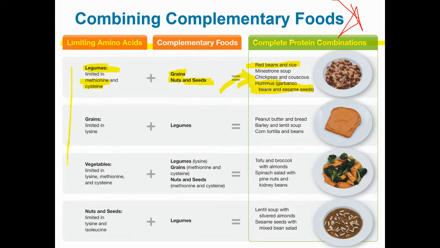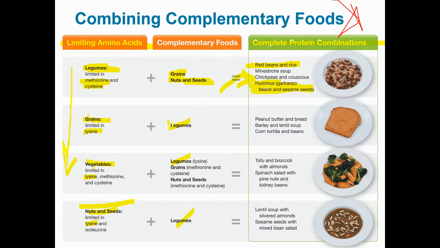And then you can go on down and see, like I said, grains are limited in lysine, nuts and seeds, and vegetables. They're all limited in lysine, right? It's an important one for your immune system. So you'll see that with grains, vegetables, nuts and seeds, legumes are going to be an important complementary.